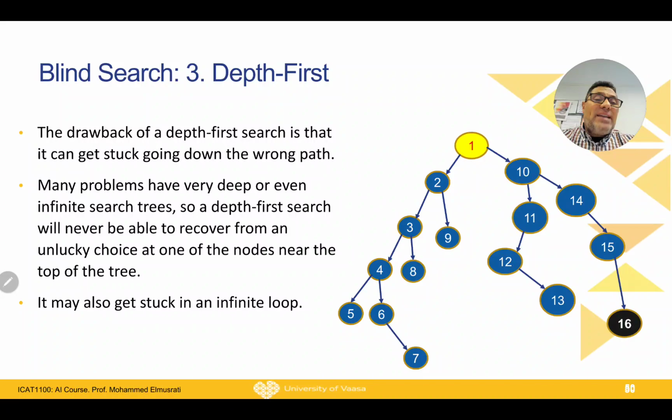Why? The idea here is that you start from the initial state, you go to 2, you don't go to the other one. No, from 2 we go to 3, and from 3 we don't branch 3. We go from 3 to 4. We don't branch 4. From 4 to 5, and now we reach an end state. Here we cannot move anywhere.